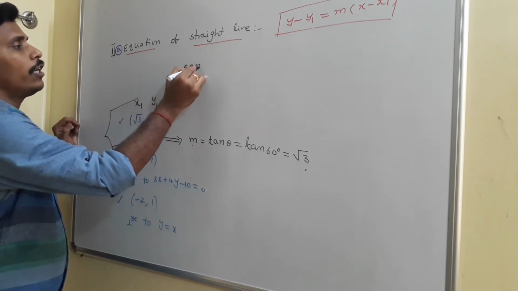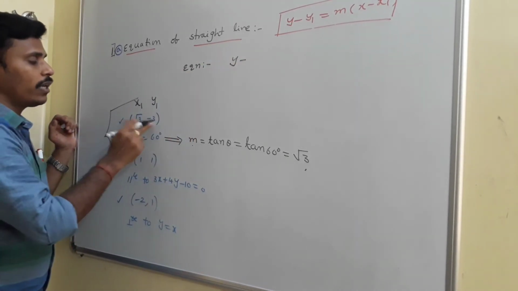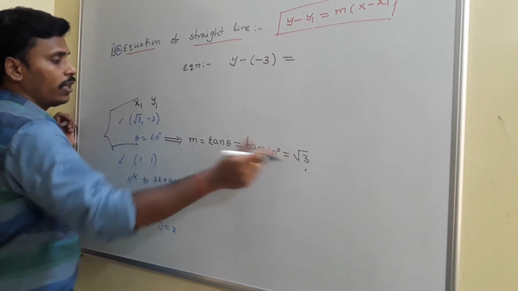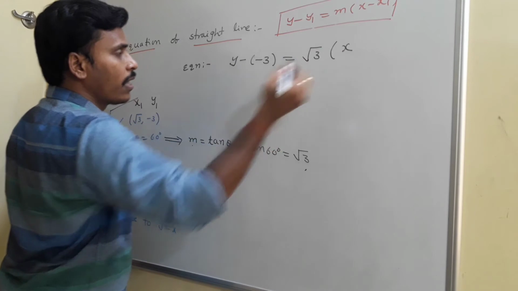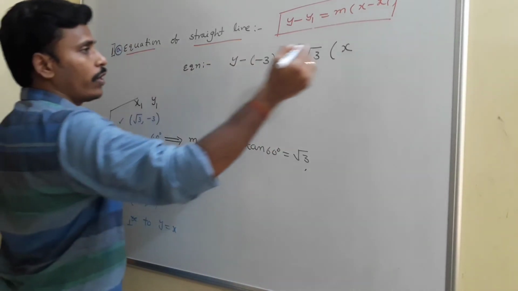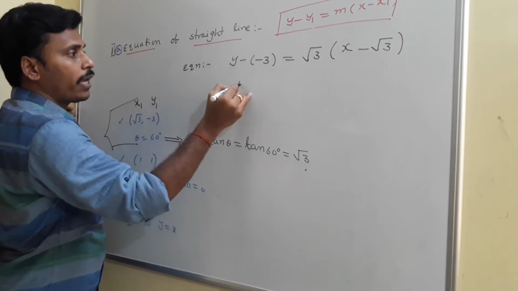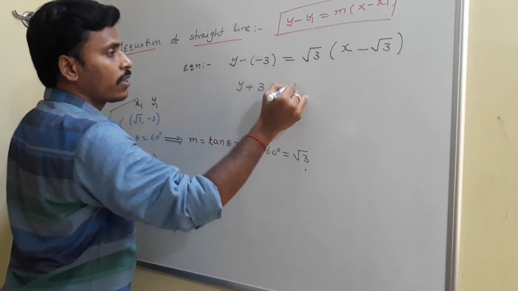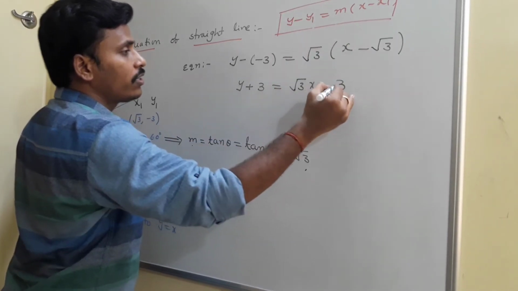Now the equation is nothing but y minus y1. What is y1? Minus 3, is equal to root 3, because m is root 3, times x minus x1, but this x1 is given as minus root 3. Now if you multiply, y minus of minus 3 is y plus 3, and root 3 into x is root 3x, minus root 3 into root 3 is 3.